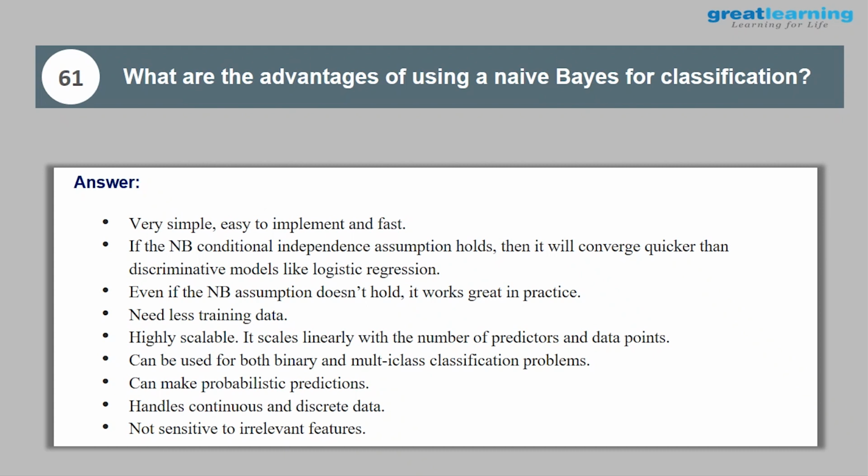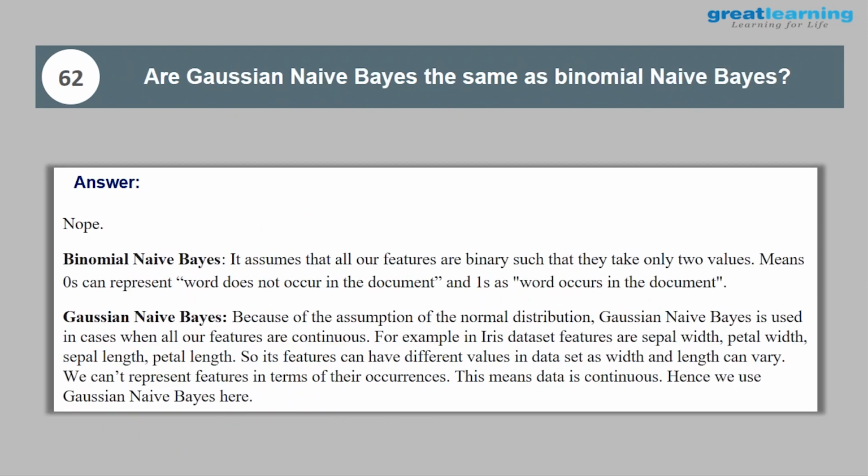Even if the naive Bayes assumption does not hold, it works great in practice. It needs less training data and is highly scalable: it scales linearly with the number of predictors and data points. It can be used for both binary and multi-class classification problems. It can make probabilistic predictions, handles continuous and discrete data, and is not sensitive to irrelevant features.